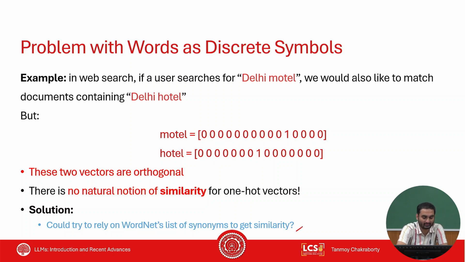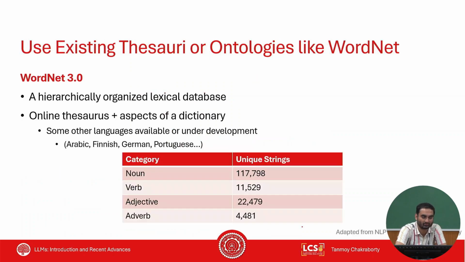Okay, so what is the next solution? The next solution is to look at WordNet. As I mentioned earlier, WordNet is a semi-automatically generated ontology, where you see many nouns, verbs, mostly nouns, verbs, adjectives, and adverbs.